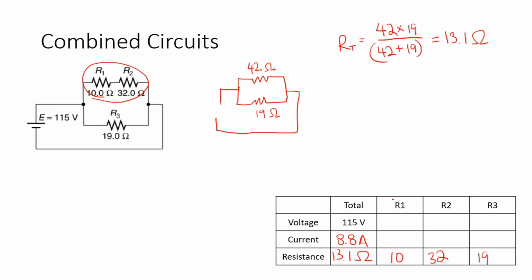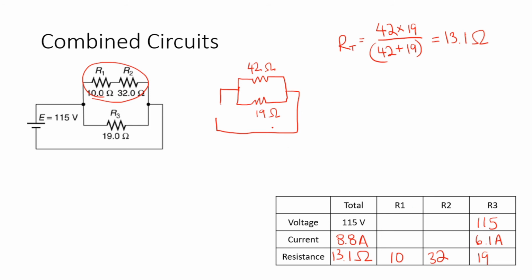So I just need to look back at my original picture, and I'm looking for something because the only place I'm dropping the voltage is across this parallel bank. So I'm looking for a single resistor where I can drop all 115 volts, and that's at R3 here. So I know that R3, all the voltage drops. And then once I do that, 115 divided by 19 gives me 6.1 amps.